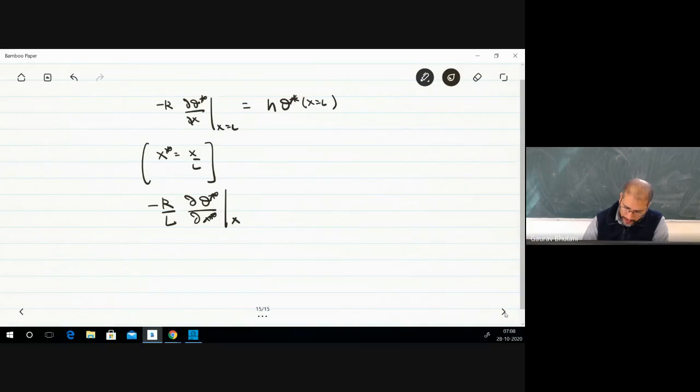This is at x star equals 1, and this is equal to h theta star.